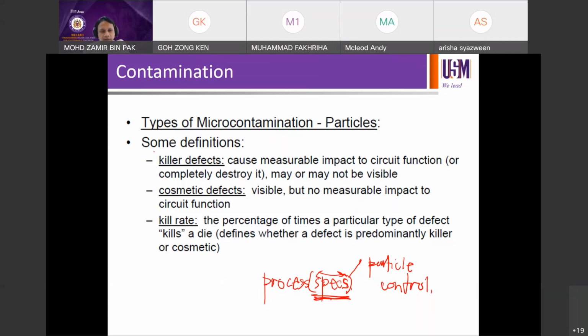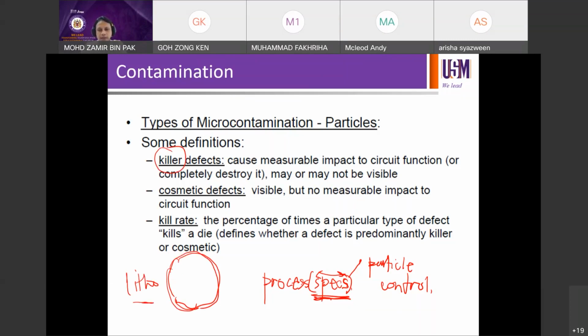For example, killer defects. Okay, killer defect, if you have even one on the wafer, you will need to shut down already. Okay, for example, say you scan, you have a wafer, then you run process A. Let's call that process the lithography process. Patterning, we're going to learn later on, don't worry yet.